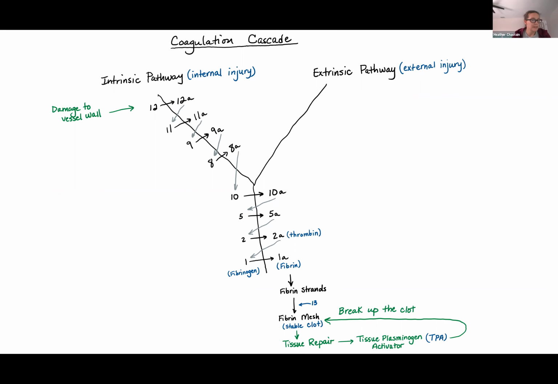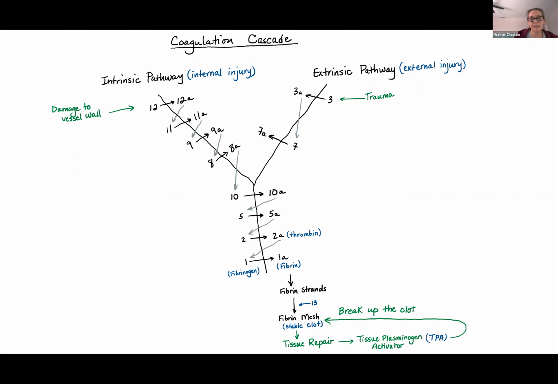break it up. Now, for initiation of the extrinsic pathway, there's an external injury, just like before. So you have like a trauma or something like that, and that stimulates tissue factor, which then stimulates factor 3, okay, and activates factor 3. So activated factor 3 is going to look for factor 7.